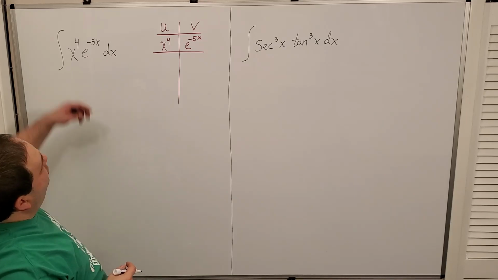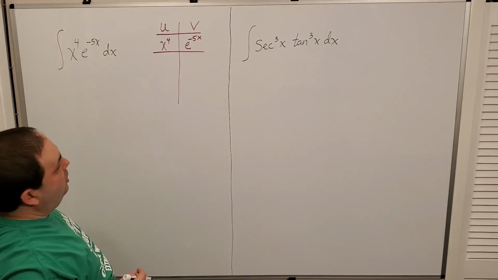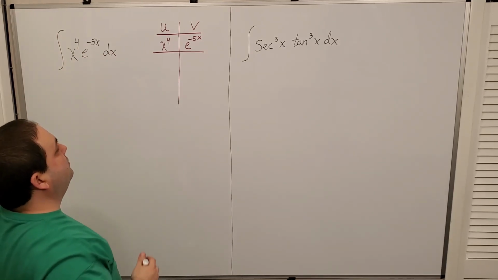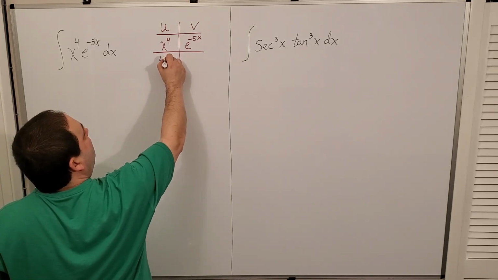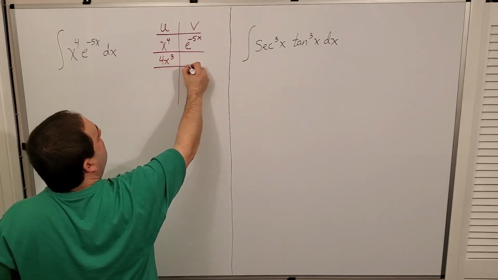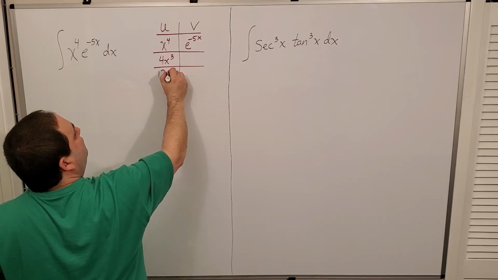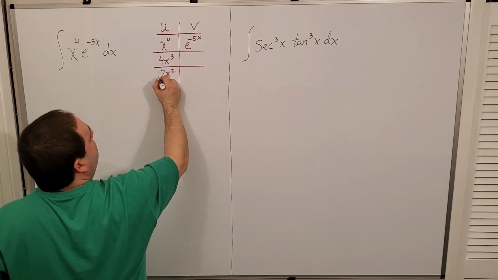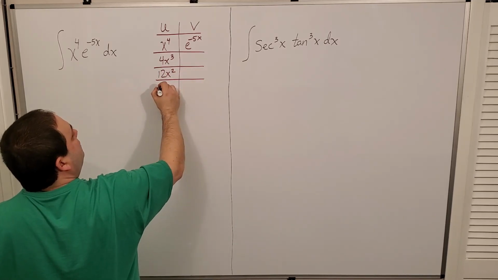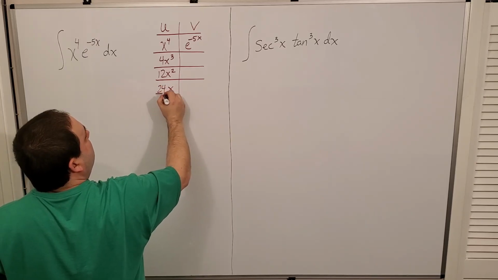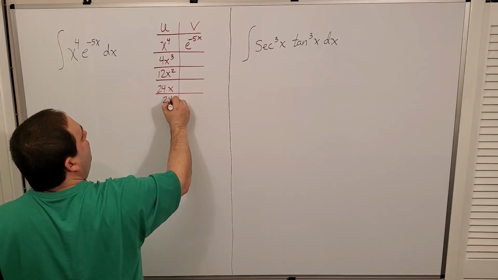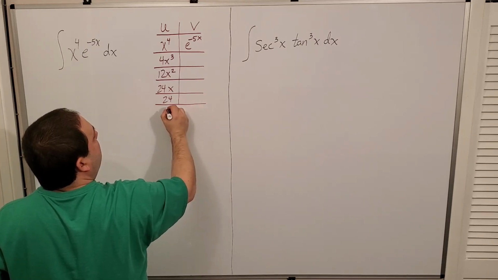And now I'm just going to do my subsequent derivatives of the u until I zero it out. So I'll have 4x to the third, 12x squared, 24x, 24, and 0.